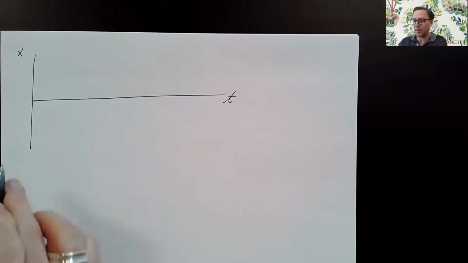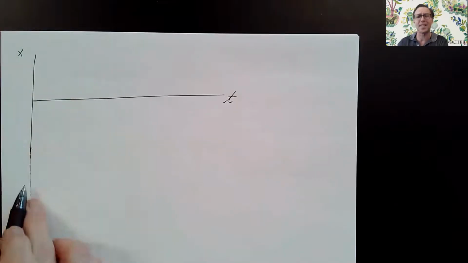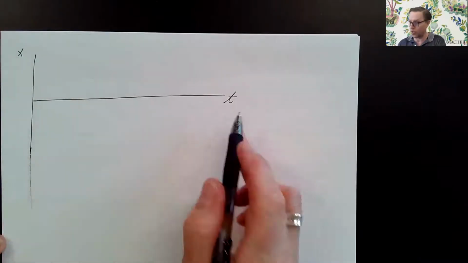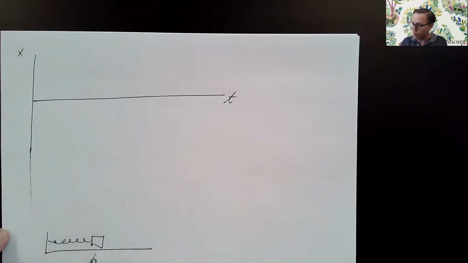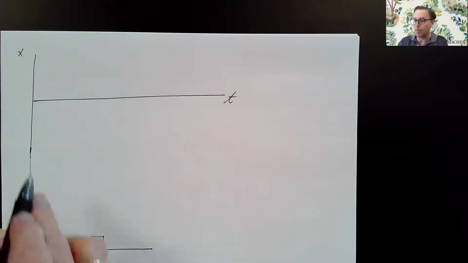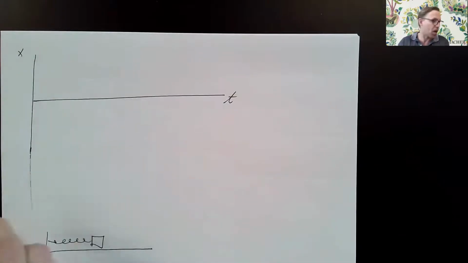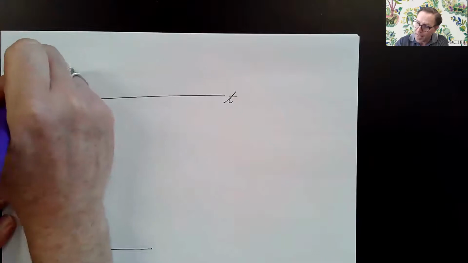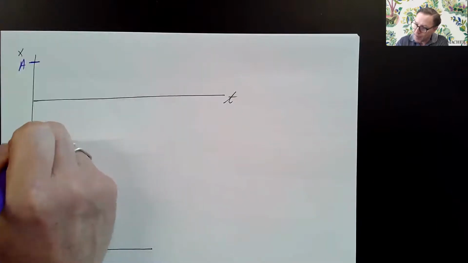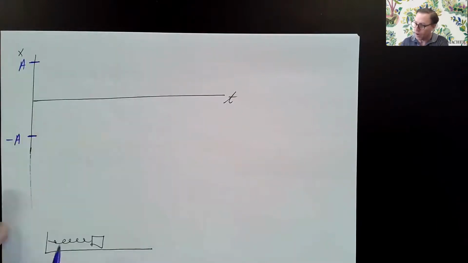Now, the position is on the vertical axis because we want time on the horizontal axis. So even though my oscillator is moving back and forth horizontally, I'm plotting position on the vertical axis. So the farthest we're going to go away from equilibrium is A, and then we're going to go that same distance, negative A, on the other side.